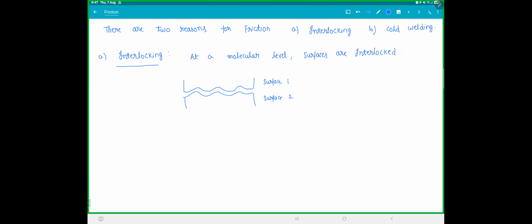The other thing is cold welding. Look at the word cold welding. Welding is normally what?